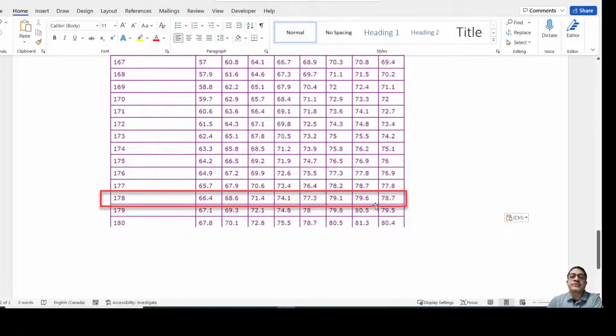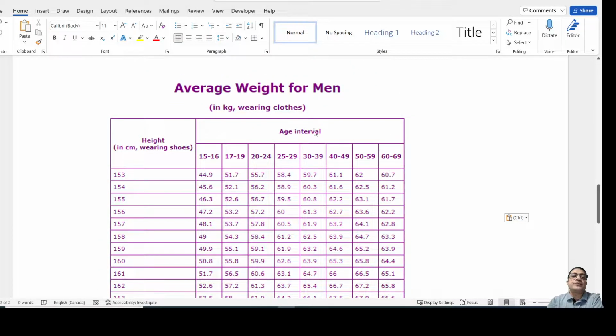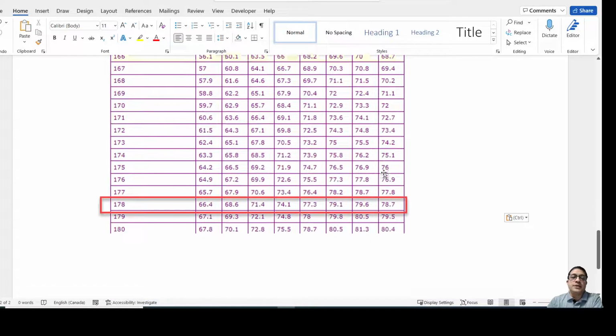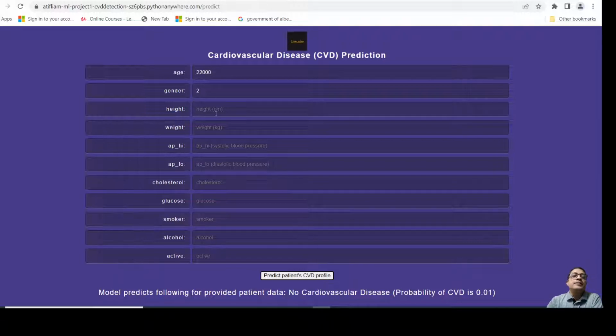So 178 and 79 kgs. I think it's on kg. Yeah, it is on kg. So that's good. So going back to our model here, 178 centimeters and about 79 kgs.